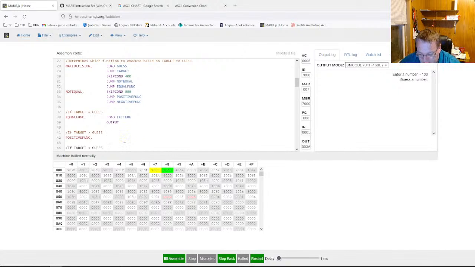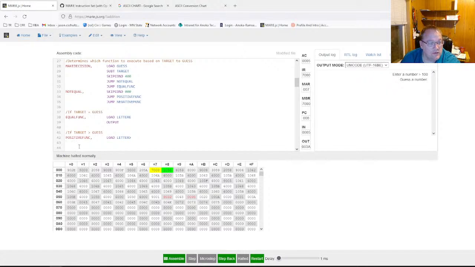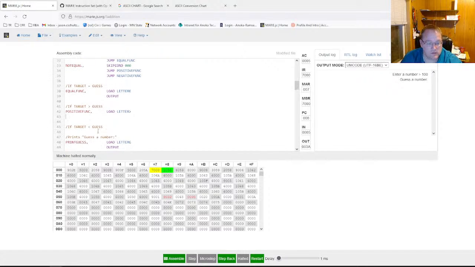Load, let me get the caps lock. Load letter, and here we have negative func.